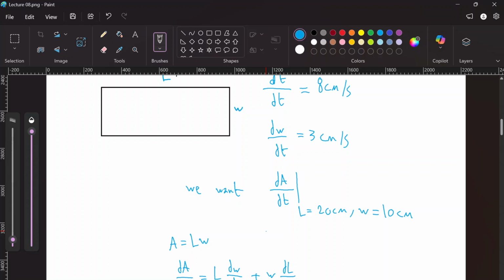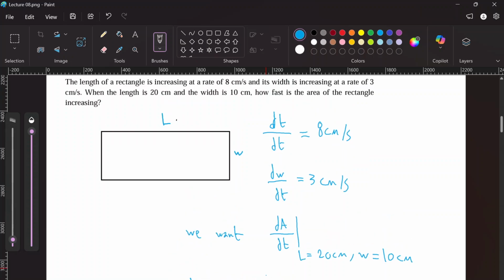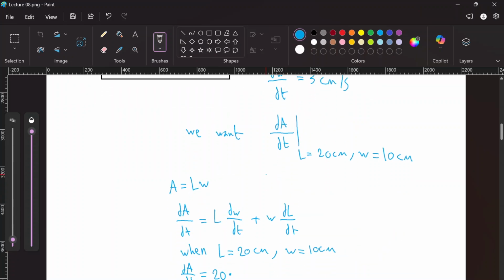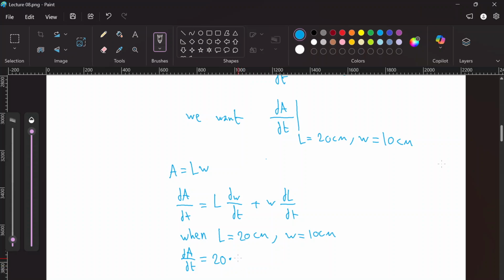Remember, dW over dt is 3 and this one is dL over dt, which is 8. So 20 times 3 plus 10 times 8, right?